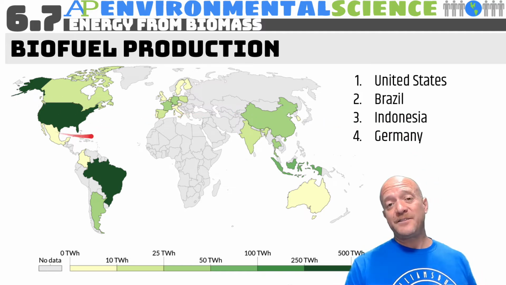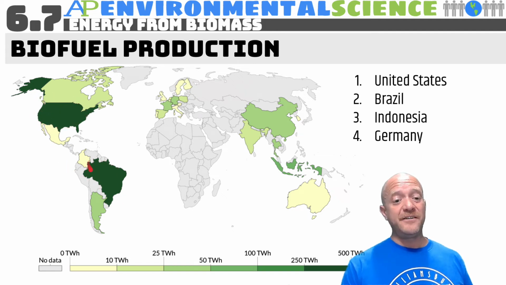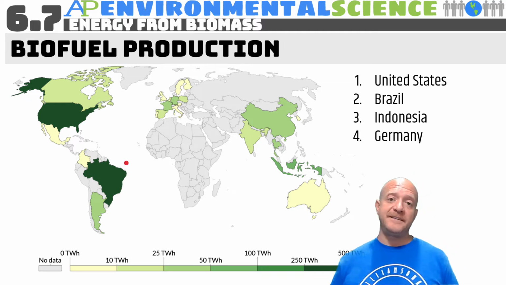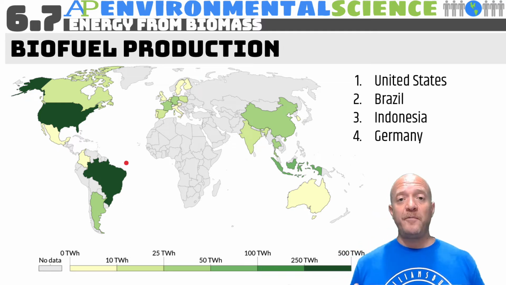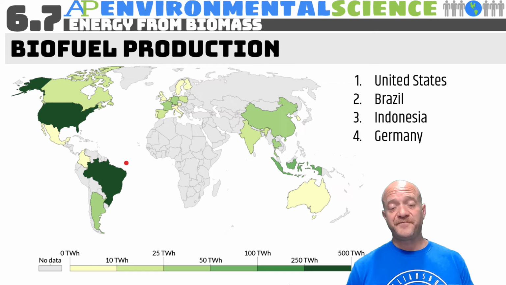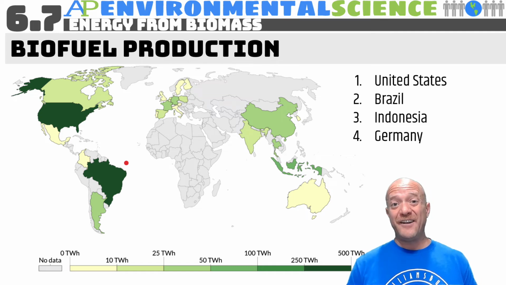Typically in the United States, we're using corn primarily. In Brazil, there's a lot of palm oil. And basically what we want is substances where we can access the oil, and the oil that's present in these plants is processed and condensed and synthesized in a way that we can get a lot of energy out of it.